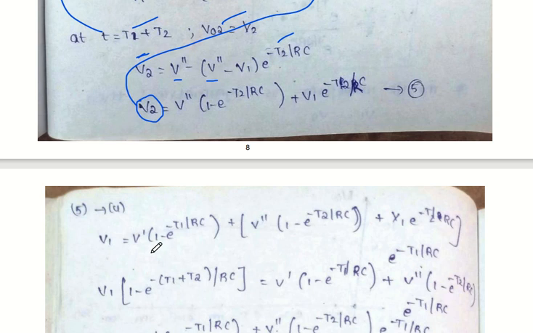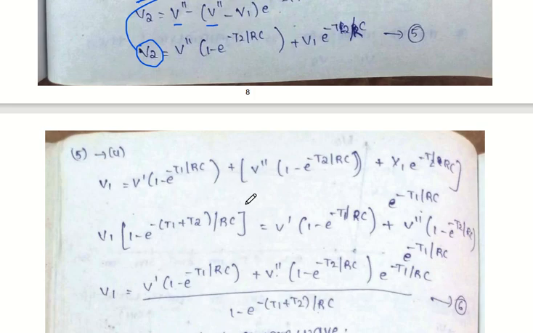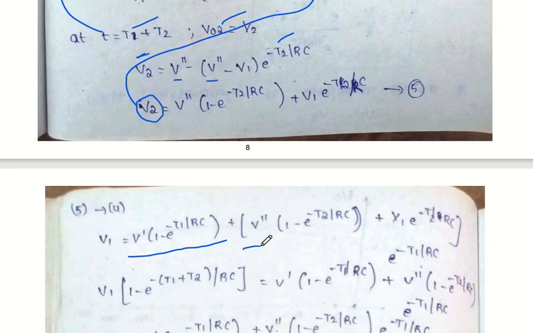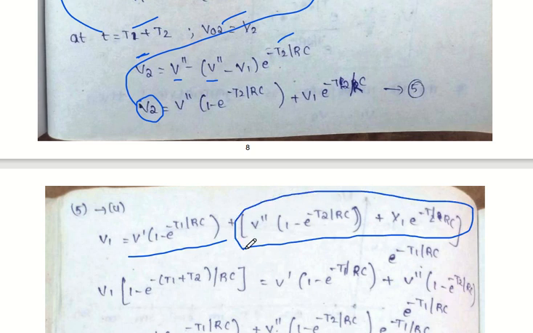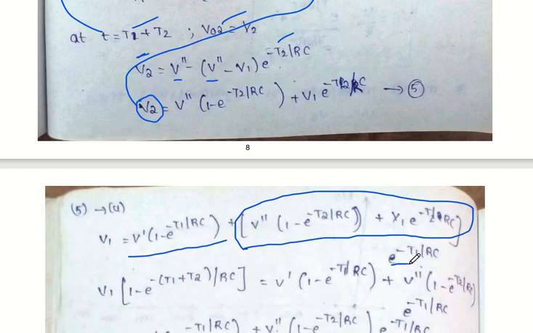Therefore V1 is equal to V dash into (1 minus e power minus t1 by RC) plus V2. What is V2? This is the V2 term. That is V double dash into (1 minus e power minus t2 by RC) plus V1 into e power minus t2 by RC, into e power minus t1 by RC. That is represented here.